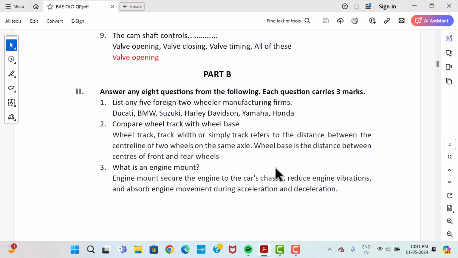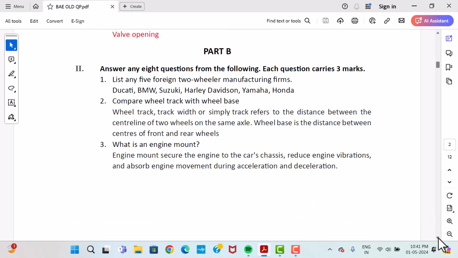Second question, compare wheel track with the wheelbase. Actually, this question was a comparison between wheel track and the curb weight, so I made a little change for this question.